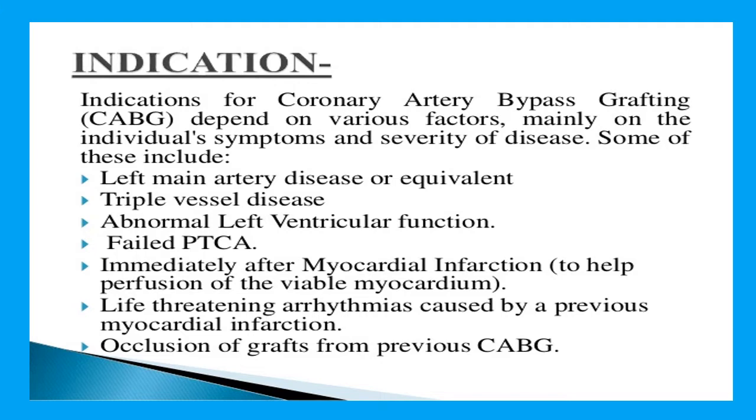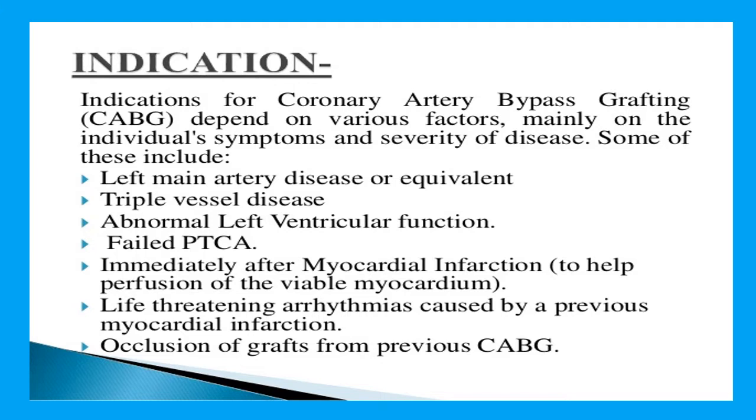And any abnormal left ventricular function and failed PTCA. So the patient first attempt, the doctors might have tried percutaneous transluminal coronary angioplasty, even though after undergoing a PTCA, patient cannot sustain or lead a normal life, better option we will go for CABG.